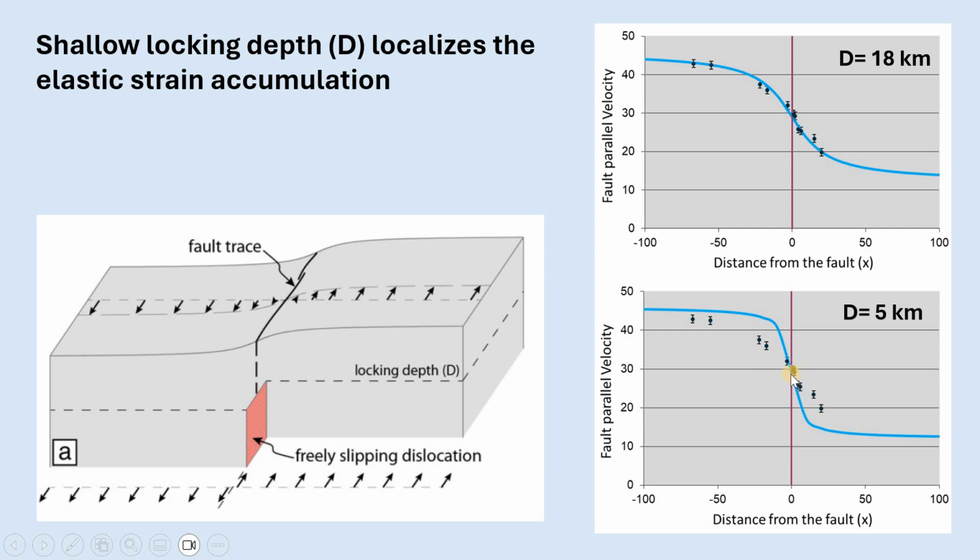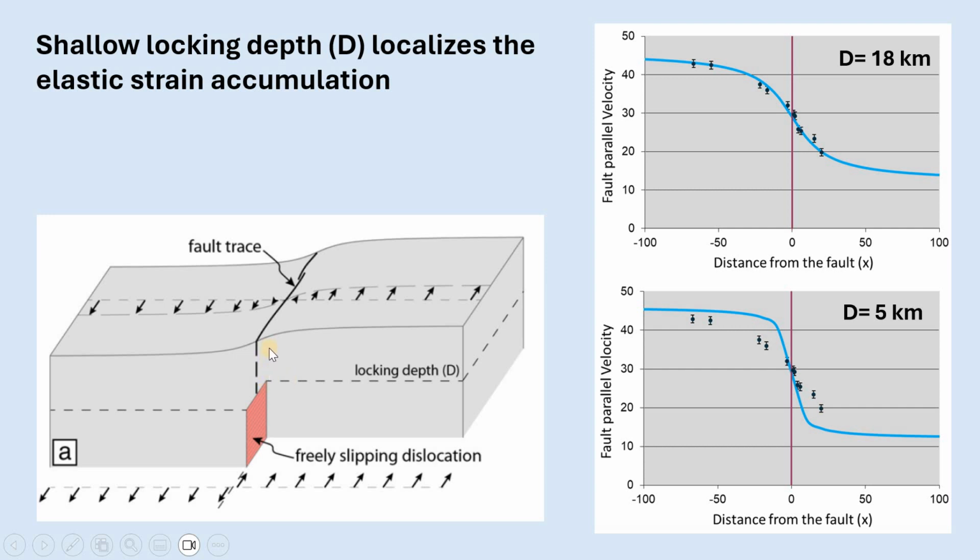And this is because a shallow locking depth essentially localizes the elastic strain. It has the effect of essentially imposing a lot of elastic strain very close to the fault, and then that elastic strain falls away very quickly as you go away from the fault. And the way I think about that, right, think about what the locking depth is.